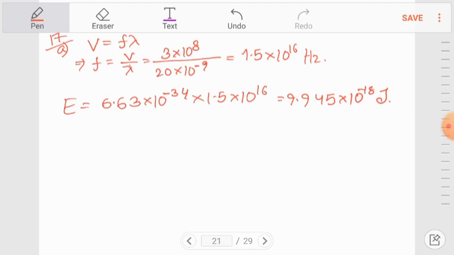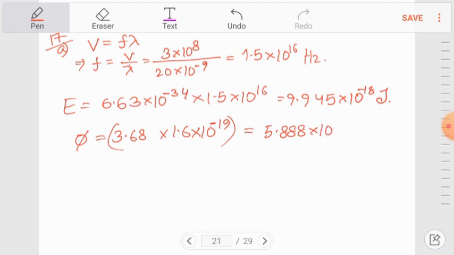Now the value for the work function given in the question is 3.68 electron volts, so we need to convert it from electron volts to joules. So we multiply this value by 1.6 times 10 to the power negative 19, and you get 5.888 times 10 to the power negative 19 joules. This is the value for the work function in joules.